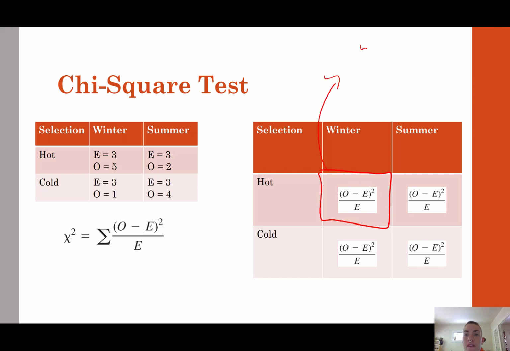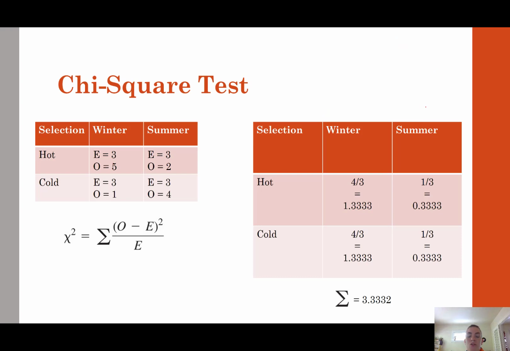We get (5 minus 3) squared over 3, equals 2 squared over 3, equals 4 over 3. So if you do that for each cell, you should get the values that I see here on the screen.